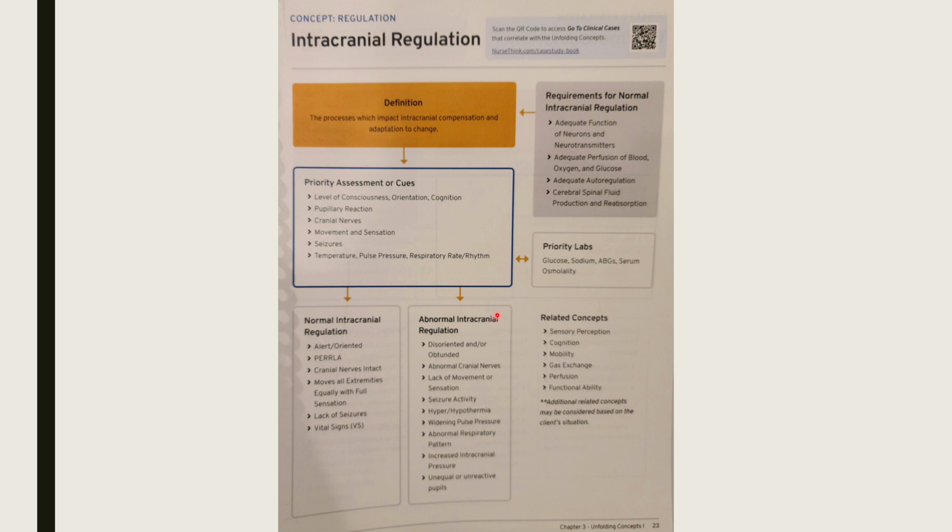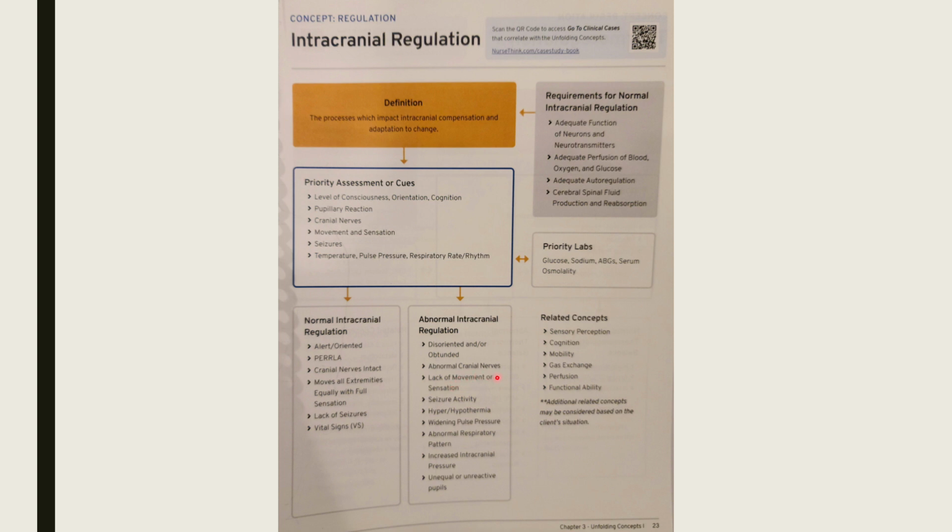And then abnormal intracranial regulation is someone's going to be disoriented or even obtunded. So it's just that swelling. I would even take this a step further and incorporate inflammation and perfusion as a concept as well. So you would have abnormal cranial nerves.